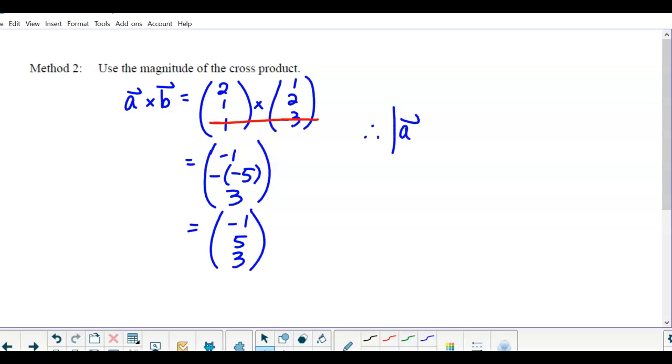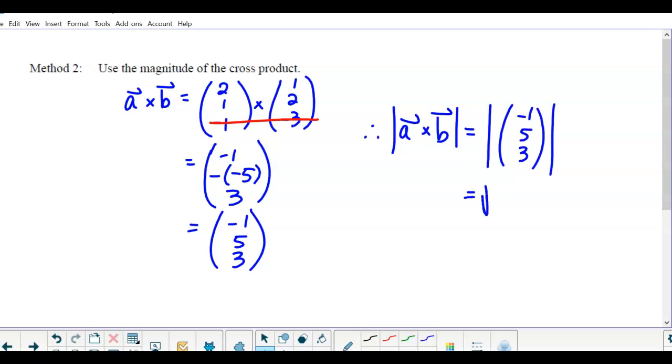Therefore the magnitude, so it's going to be 25 plus 10 is 30.